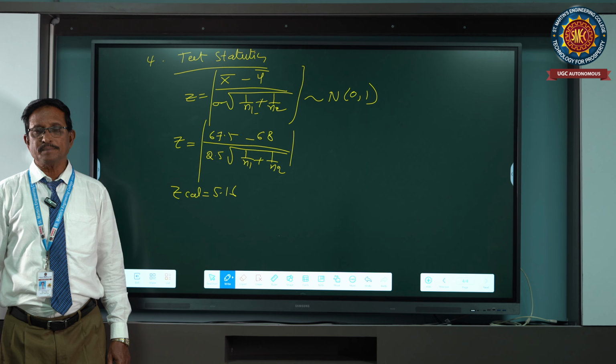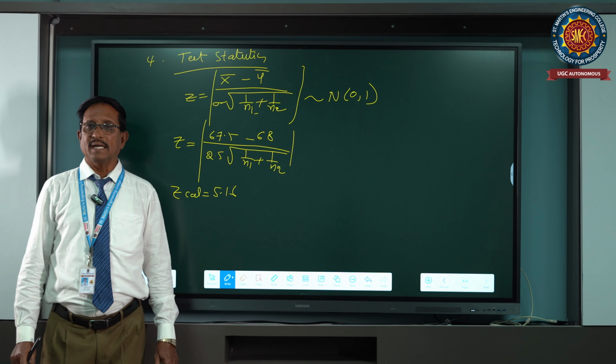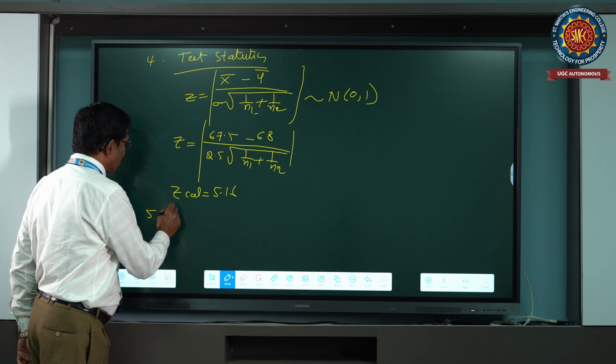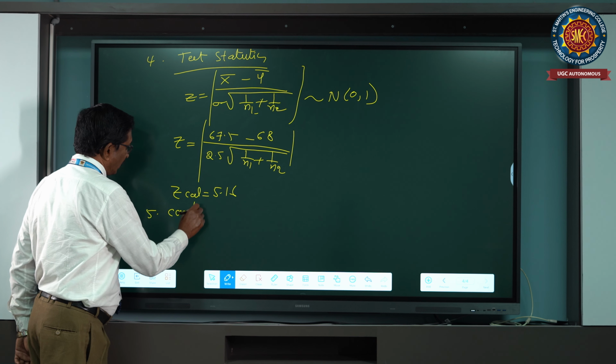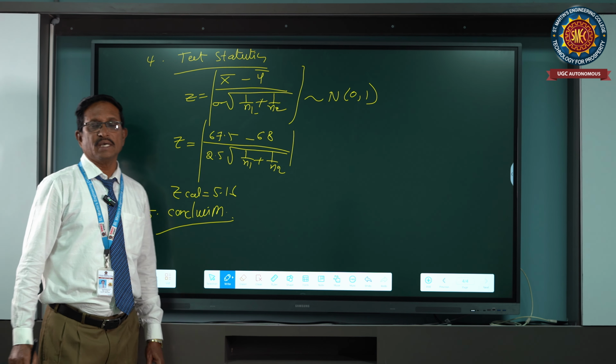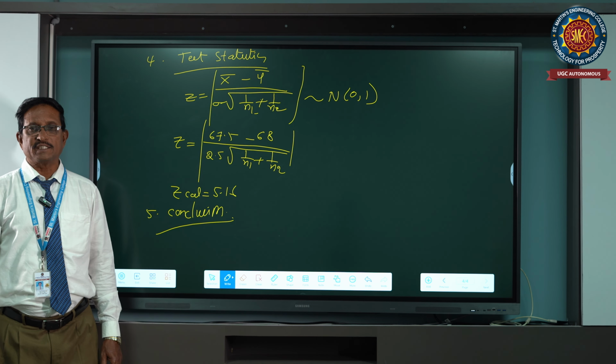In this comparison, we take the decision criterion, which is step number 5, the conclusion. In this conclusion, we compare step number 3 and step number 4.